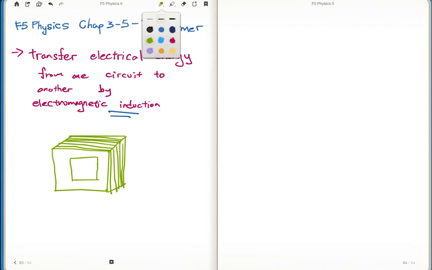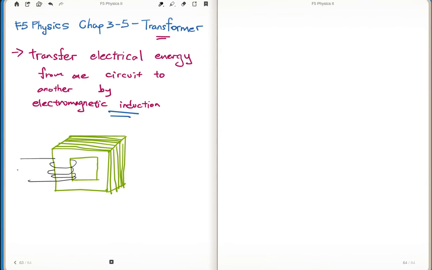So what we will get is an input. This is my source: one round, two, three, four rounds perhaps.